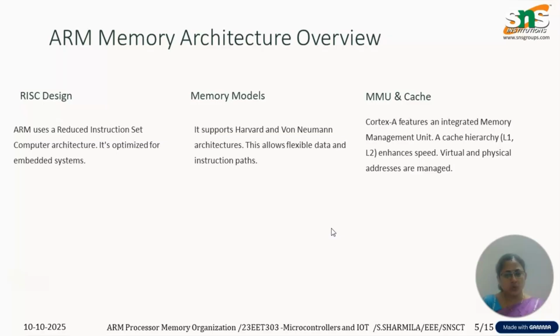It supports both Harvard and von Neumann architectures, offering flexibility. Furthermore, advanced Cortex-A features an integrated memory management unit. It includes an MMU for virtual memory management and a cache hierarchy to dramatically speed up memory access.